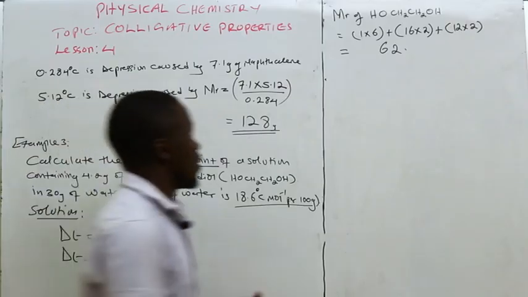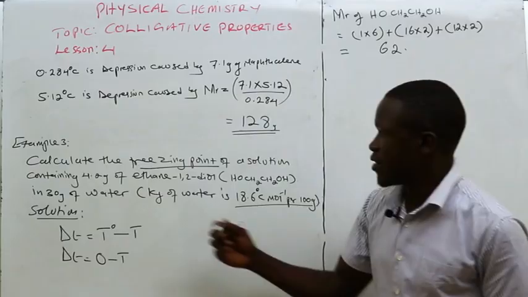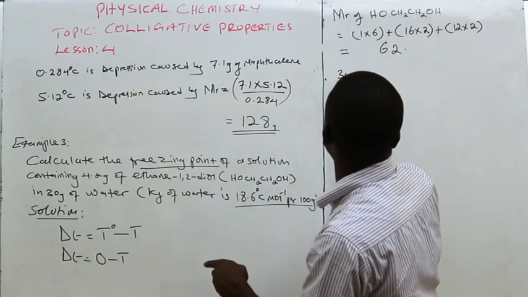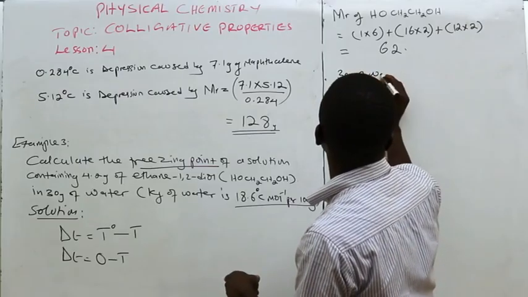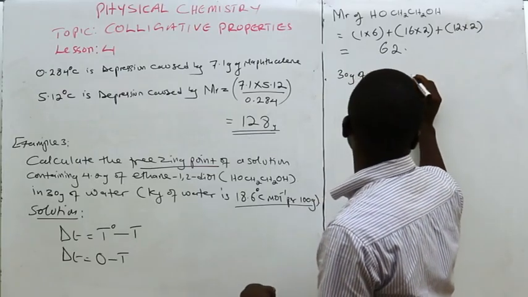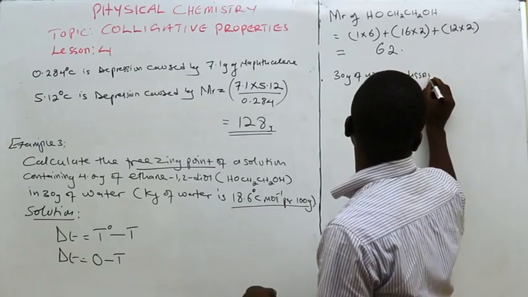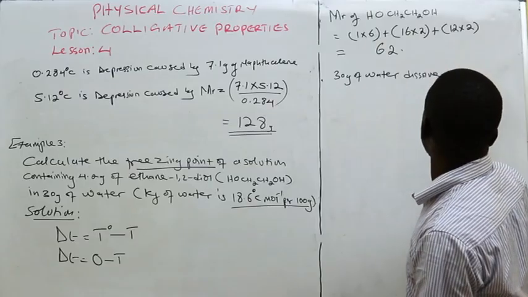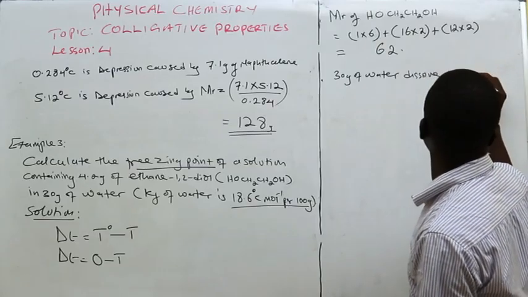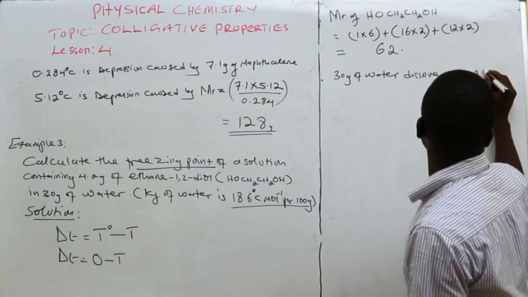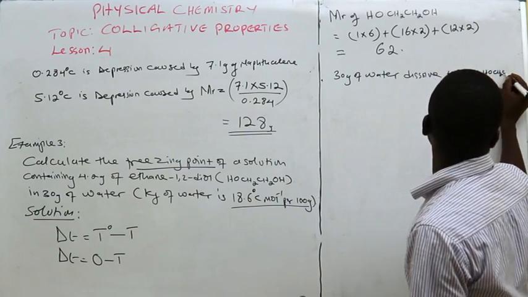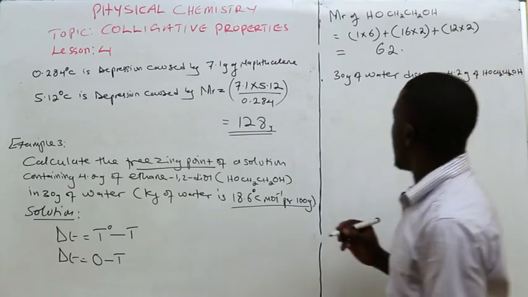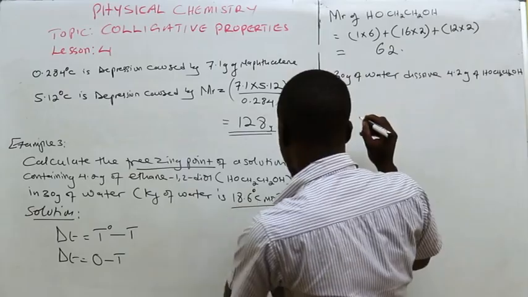Okay, so let's see, what are we going to do now? We shall now say that 30 grams of water dissolve 4.2 grams of HOCH2CH2OH. Then the question is, what about 100?